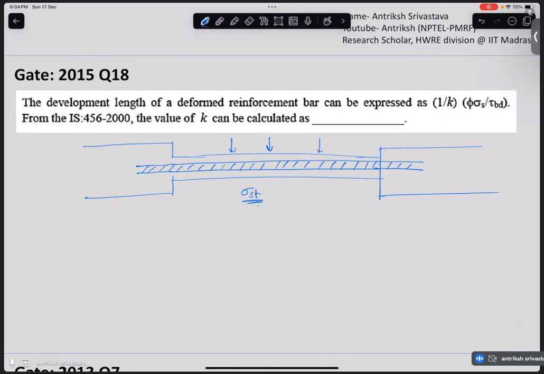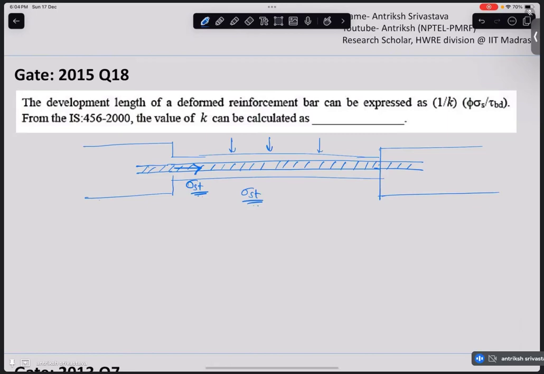It is going to try to pull this particular bar out of the support, and the stress with which this steel is being pulled out will be the same as sigma st, because that is the stress developed in it.